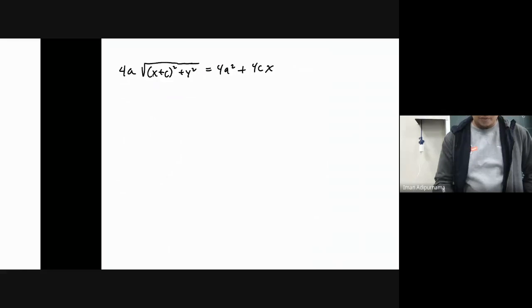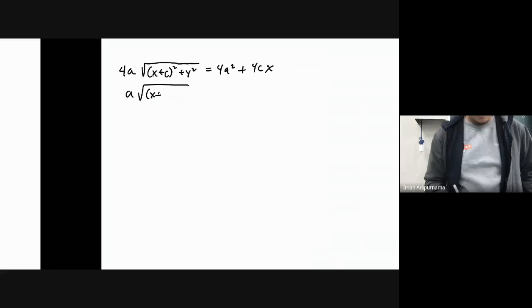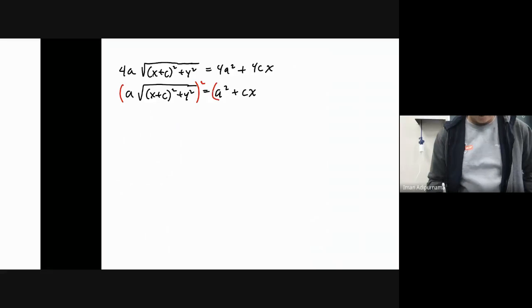Now we divide by 4 and then square. So divide by 4, and then square.